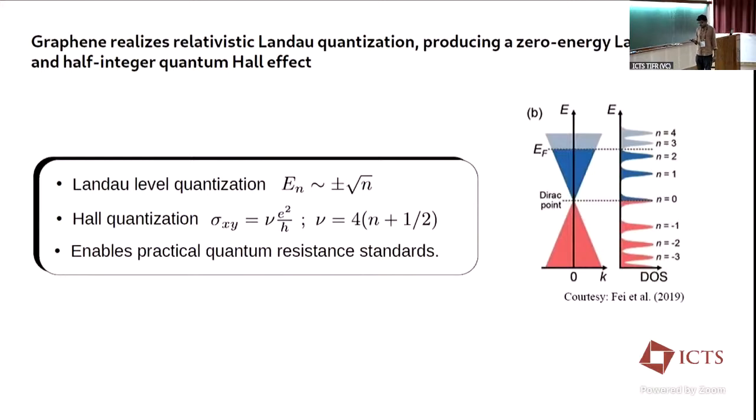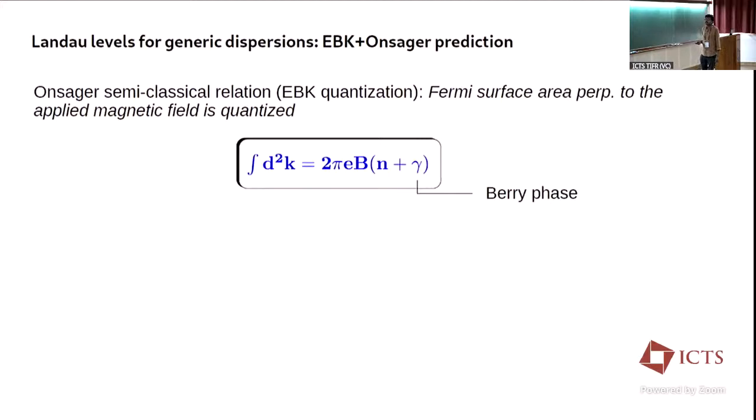The take-home is that if you want to understand this kind of phenomenon across various dispersions, one method is to use the Onsager quantization, which stems from the Einstein-Brillouin-Keller quantization, further refined by various other people, Roth and others.